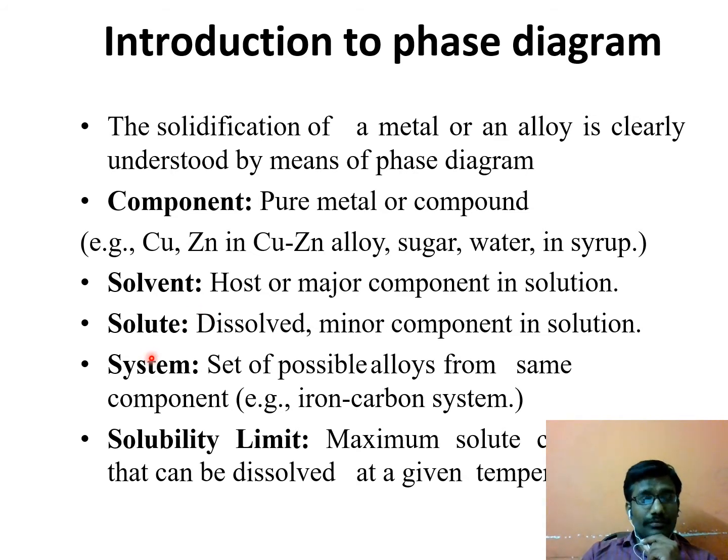And solute is the minor component in a solution, or the dissolving element. A system means we can form various alloys from different elements, and this we call a system.